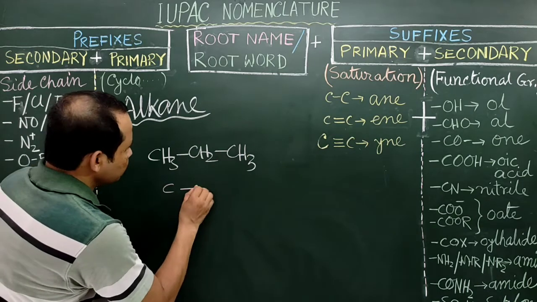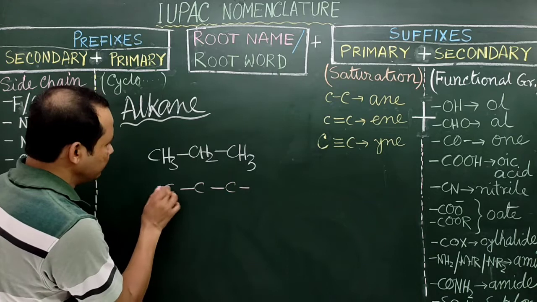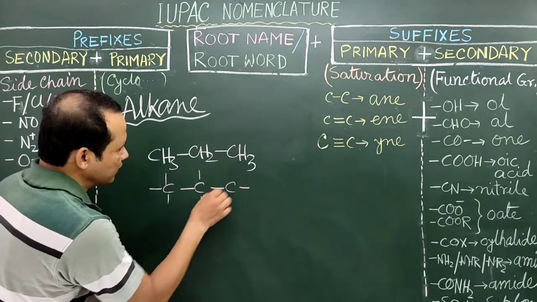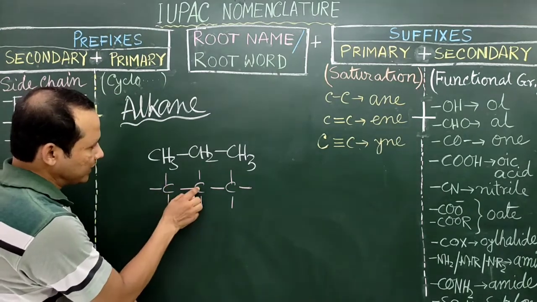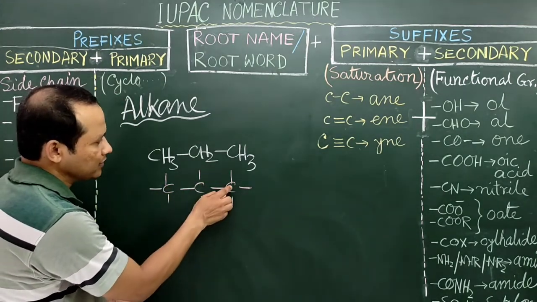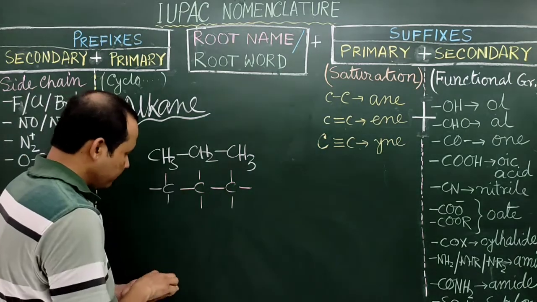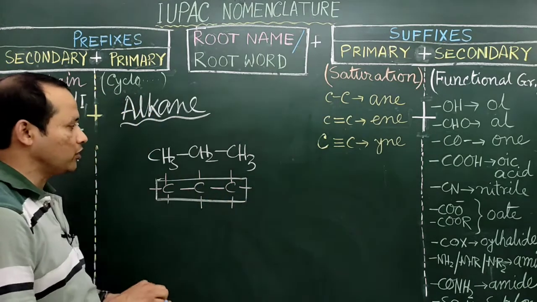In this compound, the carbon atoms are linked in this way, and with these, 3 hydrogens are there, with these 2 hydrogens, with these 3 hydrogens. So carbon is directly linked to carbon, carbon directly linked to carbon. This is called the chain. This is the longest carbon chain in this compound.